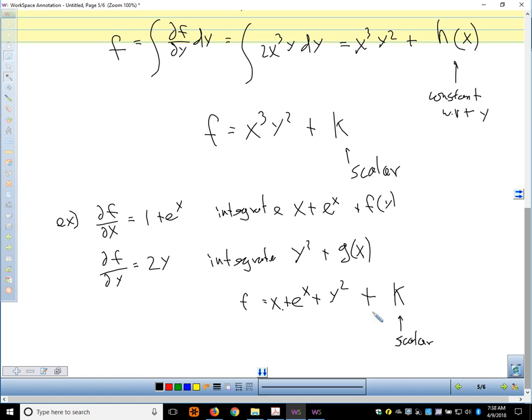All right. Well, we also want to talk about three-dimensional vector fields, because we live in three dimensions.